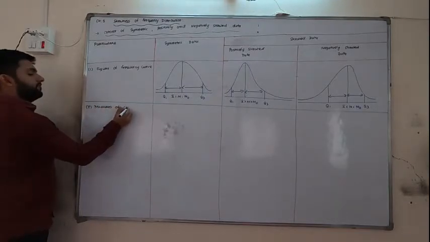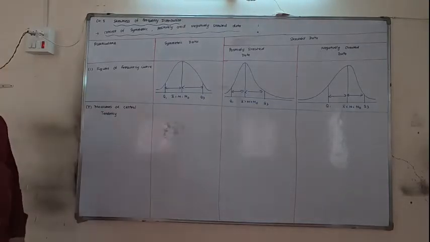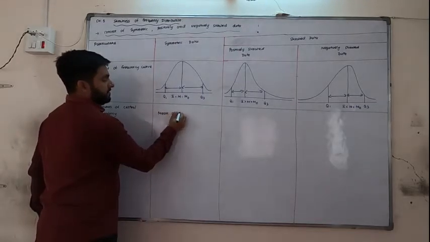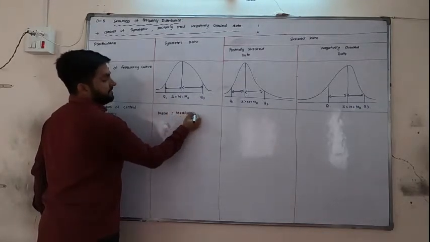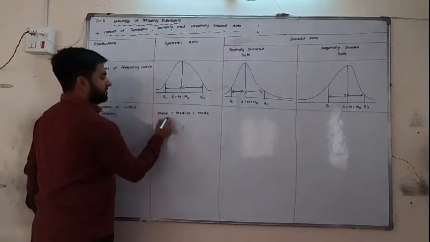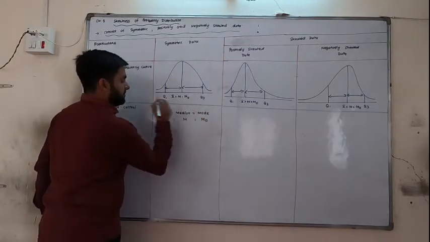Measures of central tendency. How will the measures of central tendency be here? Mean equals median equals mode. Mean is denoted by x bar equals median is denoted by m.